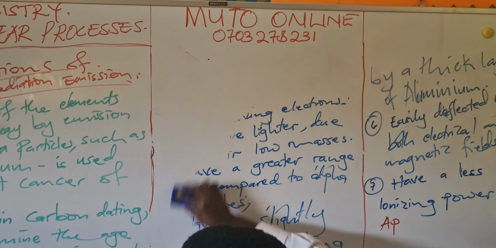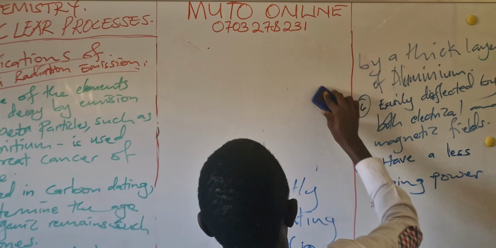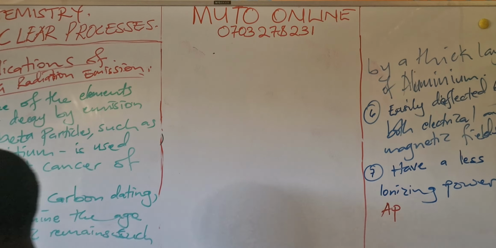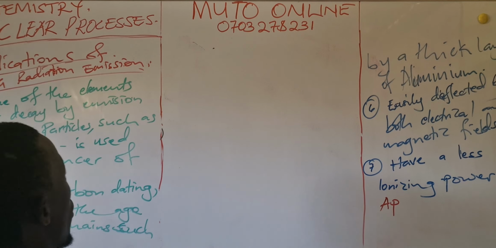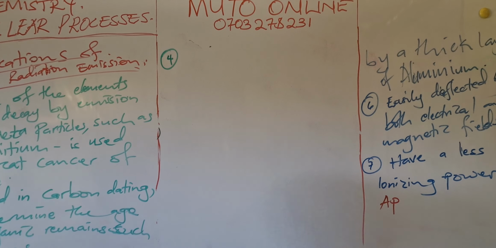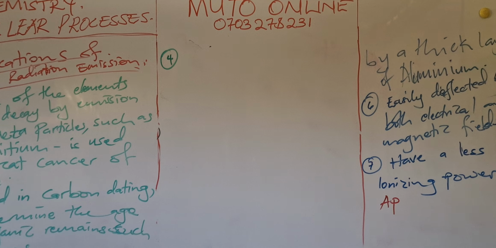I'm mentioning some of the applications of these beta radiations. We've ever seen this, where bags at the airport are passed under a certain machine to screen the presence of bombs and other weapons.